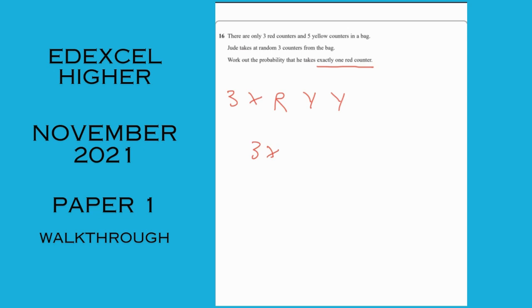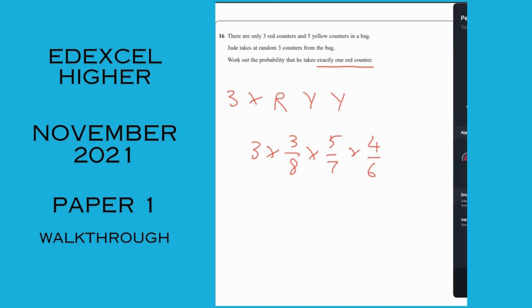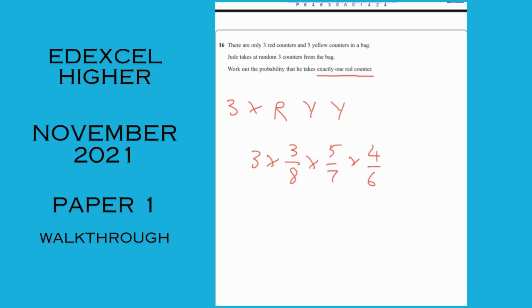So getting a red counter is 3/8. Yellow is 5/7. Yellow is 4 out of 6. And you could do lots of stuff here, but loads of things cancel out. Let's just colour coordinate, just to make sure we're not over simplifying too quick.